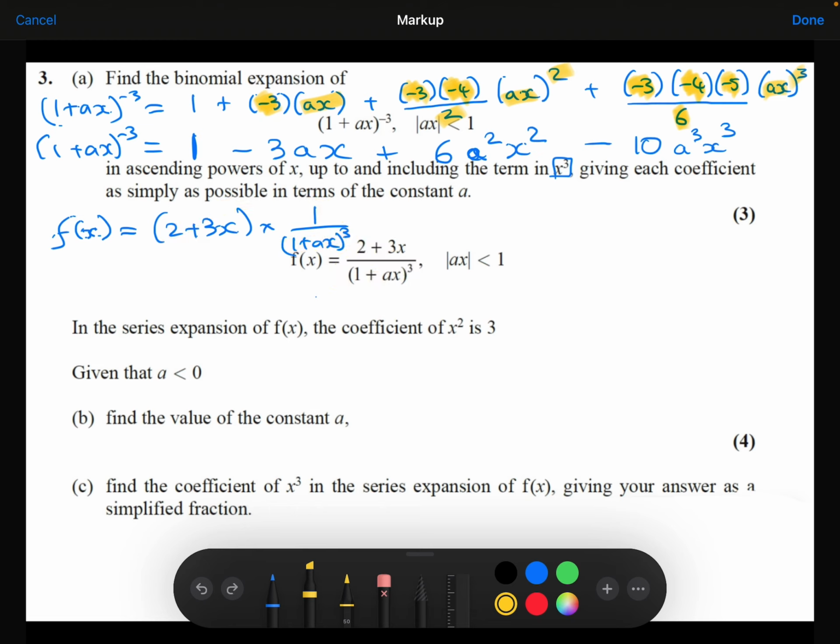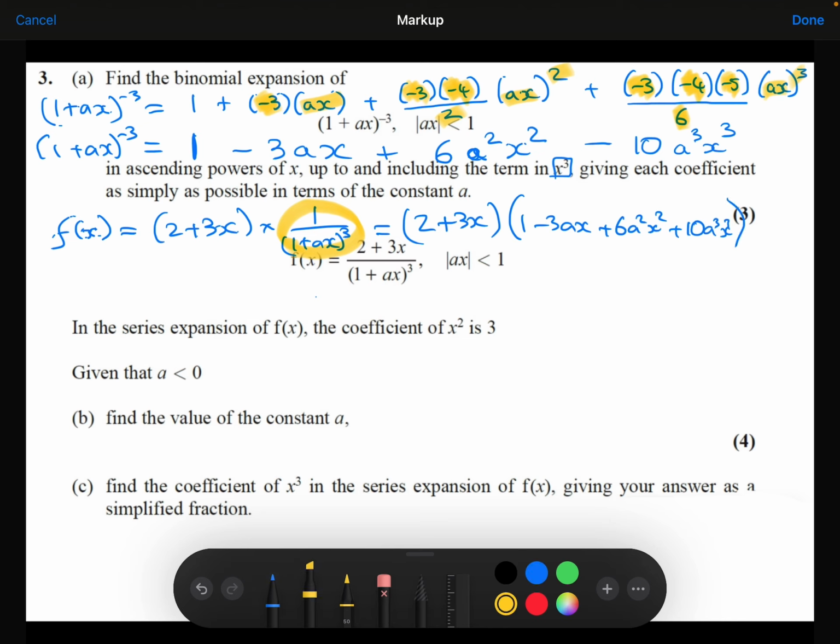And that's useful because this is what I did in part A of the question. So all I actually need to do is 2 plus 3x multiplied by my answer from part A, which is 1 minus 3ax plus 6a squared x squared minus 10a cubed x cubed.